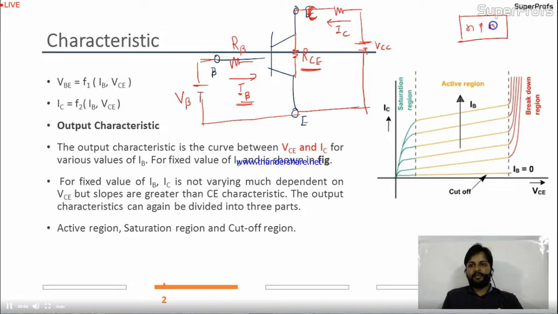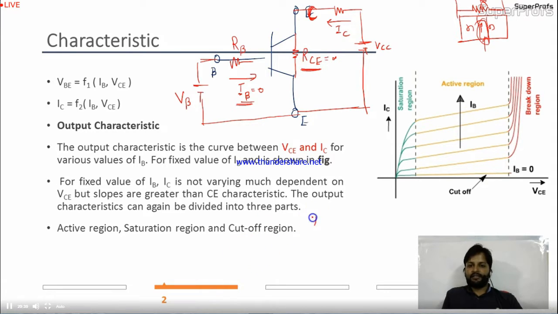N, P, N. This is acting like a resistor, but this resistor is fully controlled because of the base. Because of this base current, we are going to control it, right? So if the IB is 0, the resistance between collector and emitter is infinity.